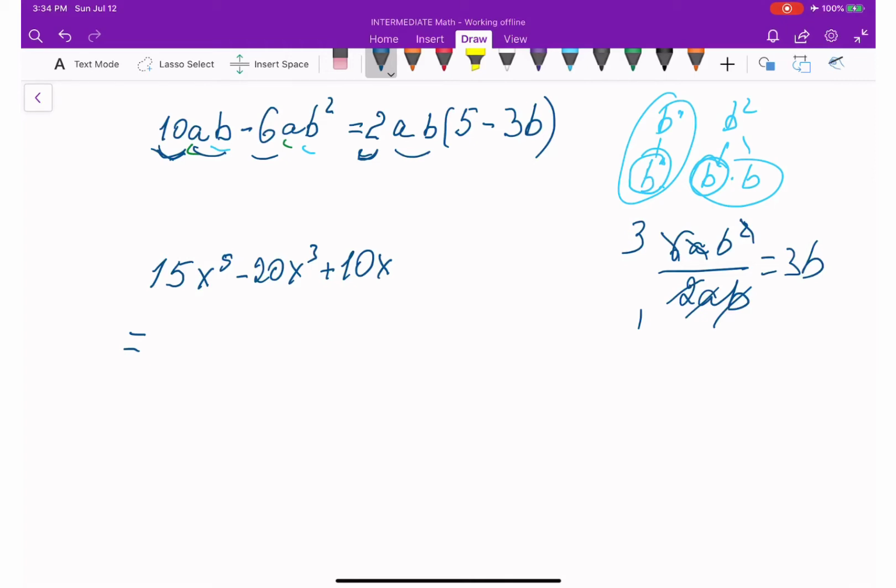It's going to be 5, right? Because 15 you can divide by 5, 20 you can divide by 5, 10 you can divide by 5.